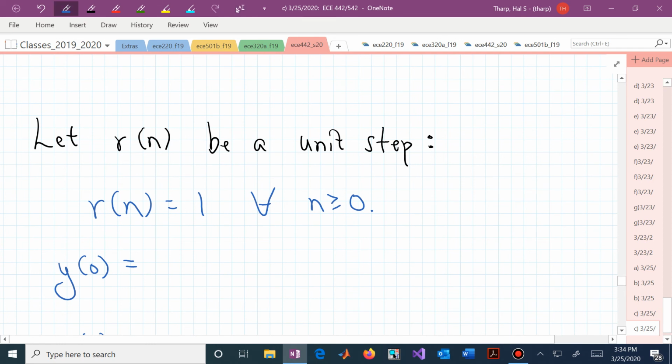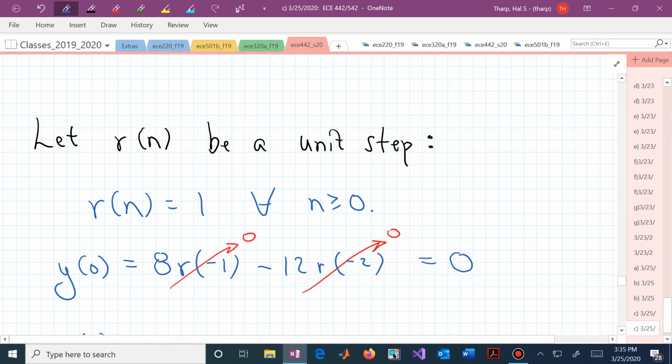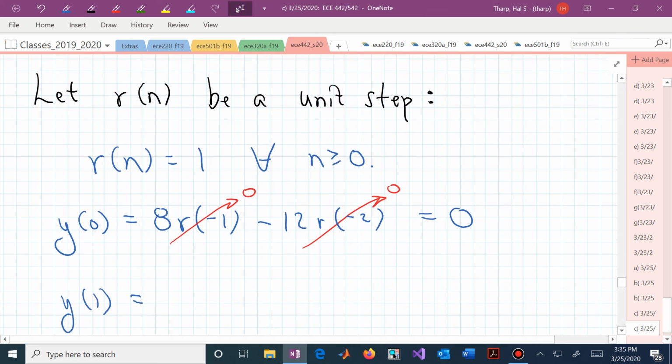Well, y of 0 is 8 times r of 0 minus 1, or r of minus 1, minus 12 r of 0 minus 2. r of minus 1 is 0, r of minus 2 is 0. We have 0 minus 0, or y at time 0 is 0. We wiggle the input at n equal to 0, and y of 0 doesn't instantly change. Again, we had that 1 step delay because of our pole zero excess of 1.